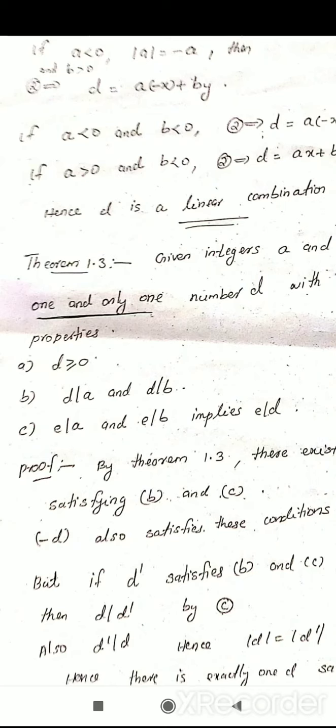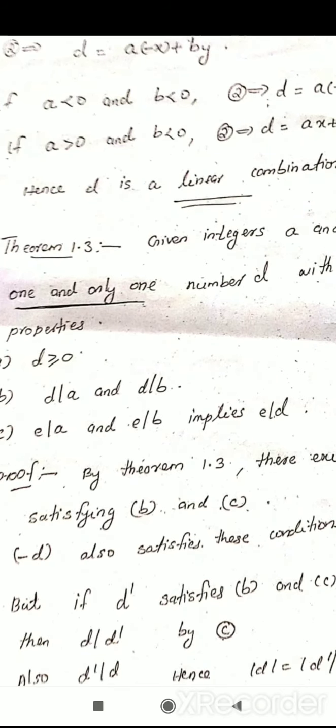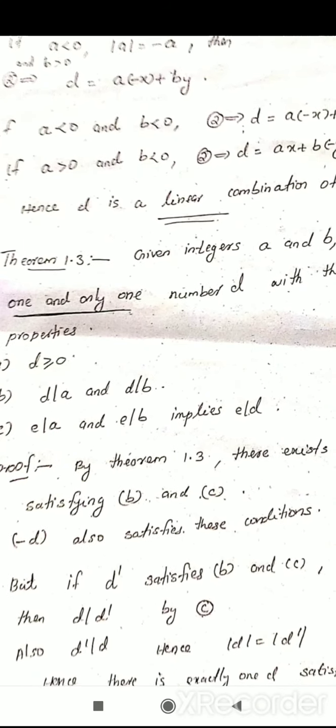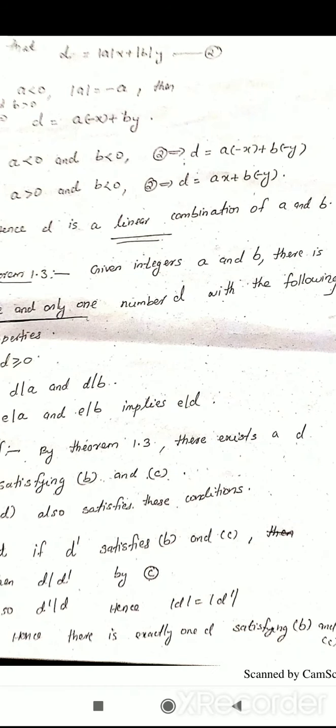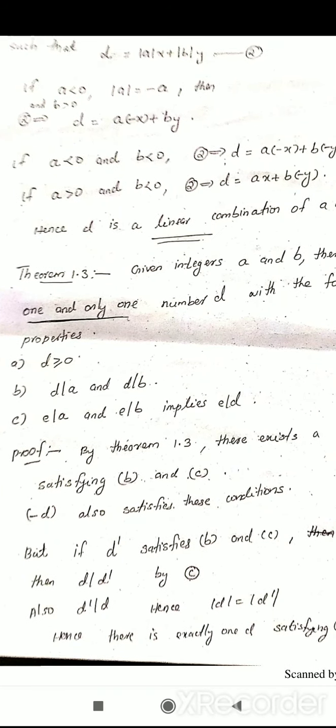By theorem 1.2 (you have to correct this in the notes also), there exists a common divisor D of A and B which satisfies condition C. That is, by theorem 1.2, there is a D satisfying conditions B and C. If D satisfies conditions B and C, clearly -D also satisfies these conditions.